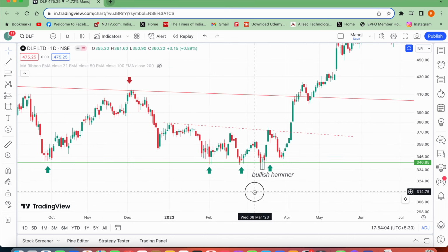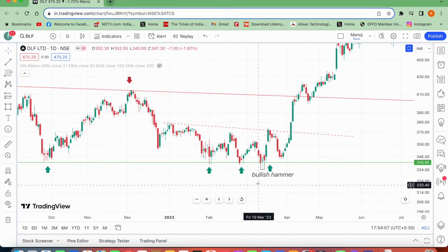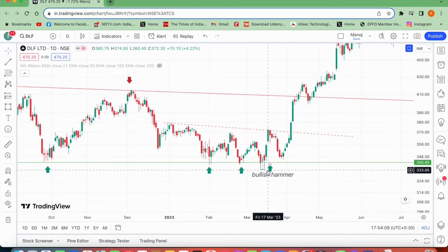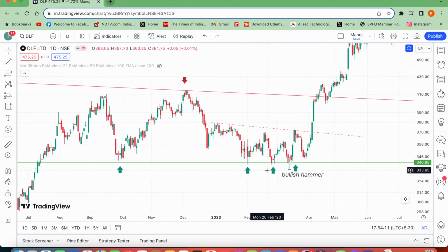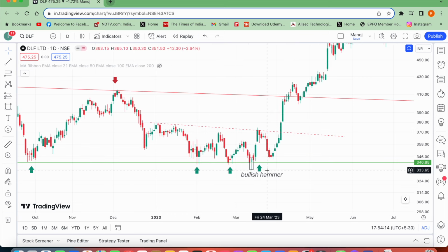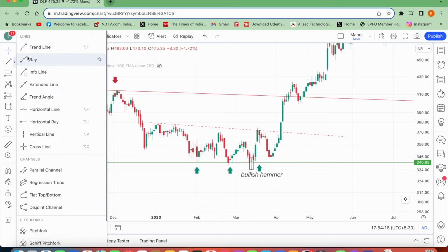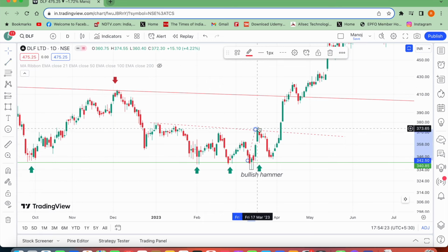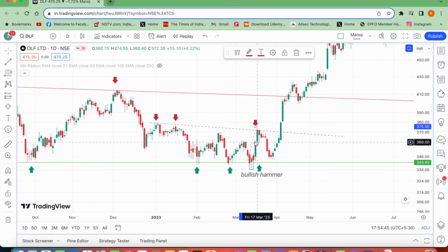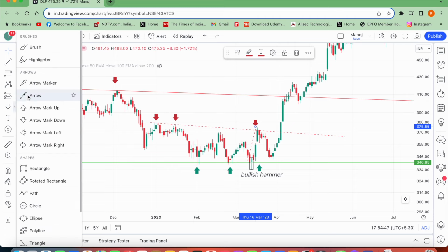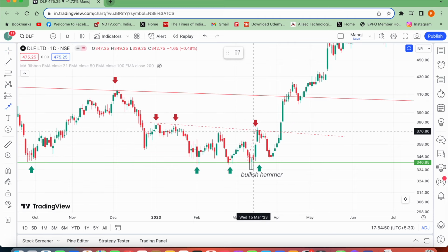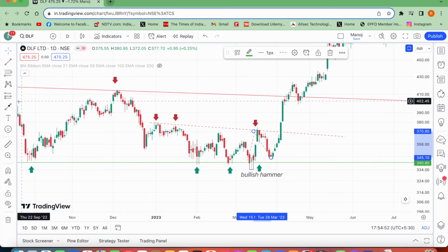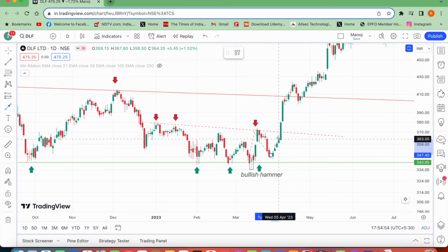But let's say you want to be safe and you do not want to take a risk just by entering into the stock at the support zone, and you want a further confirmation. What can you do? The stock went up from here, touched this particular trend line resistance, took resistance over here, and further went down and then went up.